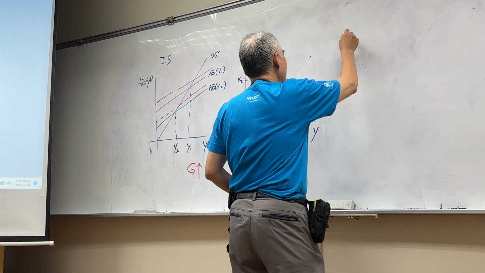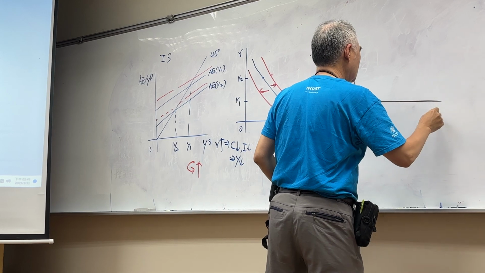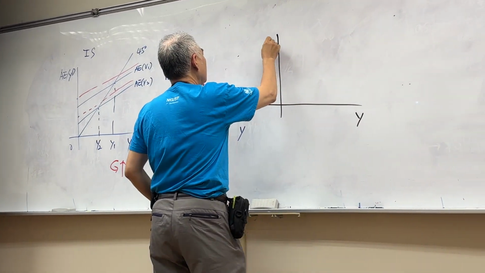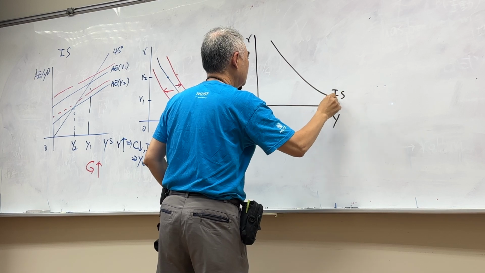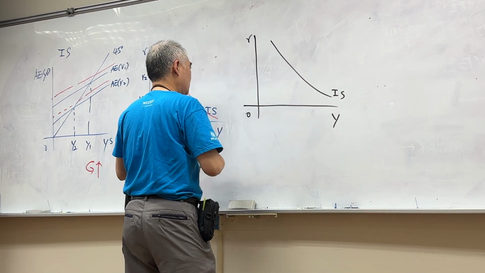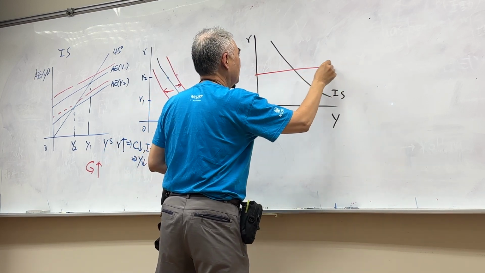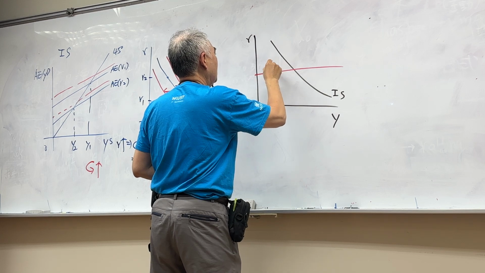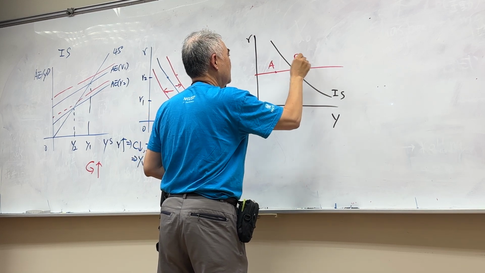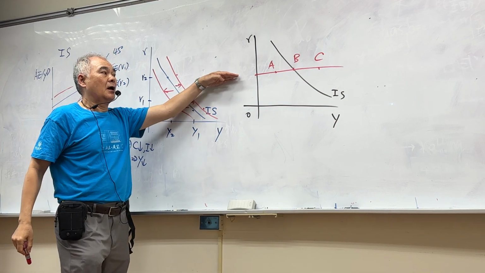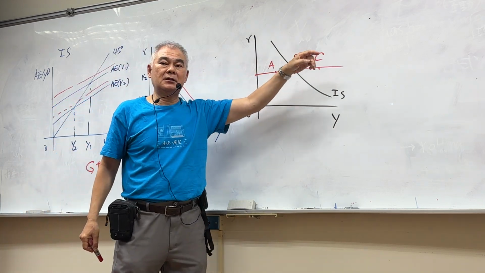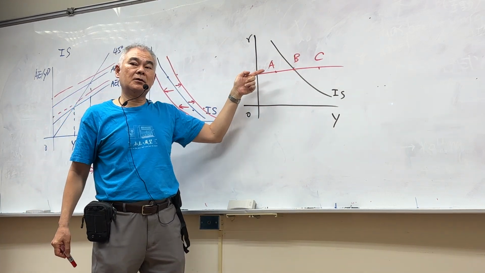Then, what about this here? So you have Y, and you have R, and you have the IS curve. And let us say we have point A, point B, and point C. Points A, B, C are at the same interest rate.